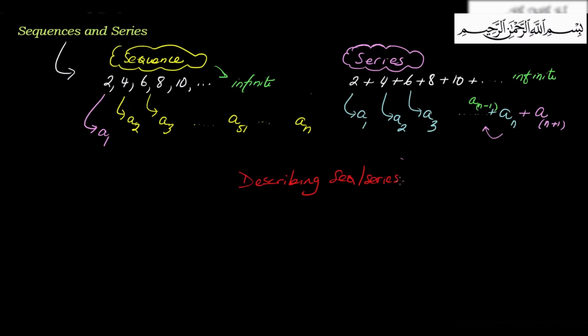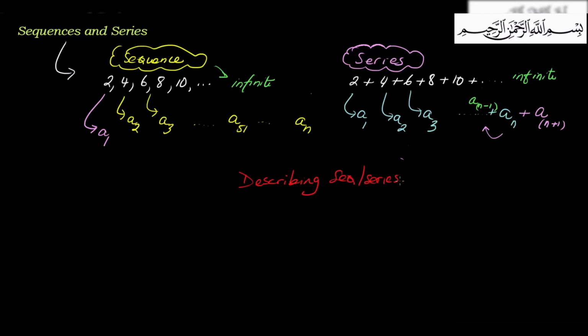You're adding them. You can subtract them, this and that. So we talk more about series than we talk about sequences. But most of the time, when we speak about sequences and series, many of the concepts apply to both of them. Nevertheless, these terms are frequently used together.